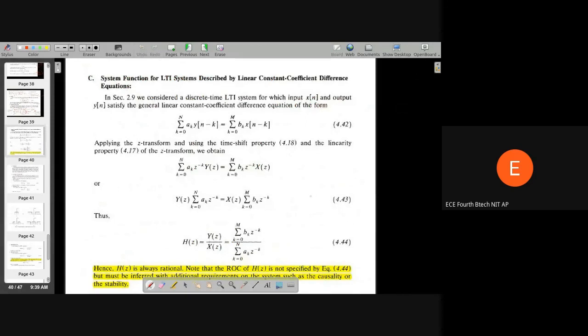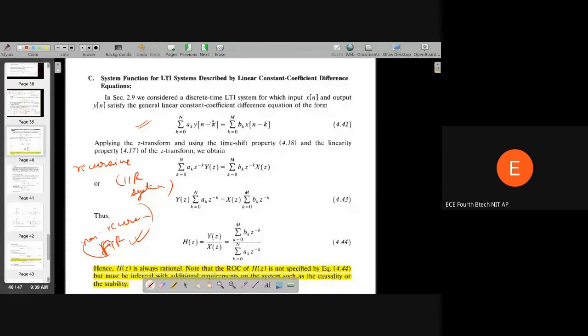These are the things I have talked about already, how in polynomial form we get our linear difference equation, and then you get it in terms of a polynomial. One important thing to note: what is a recursive or IIR, infinite impulse response system, and what is a non-recursive or FIR, finite impulse response system.